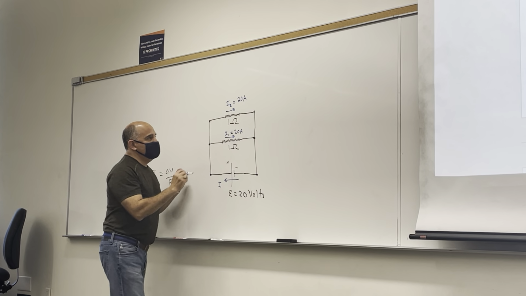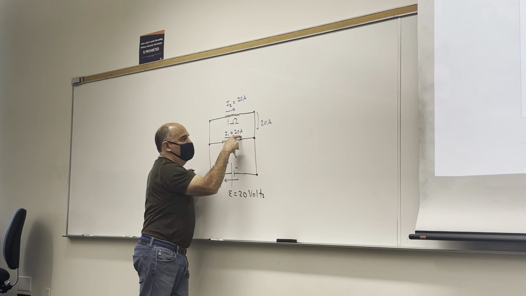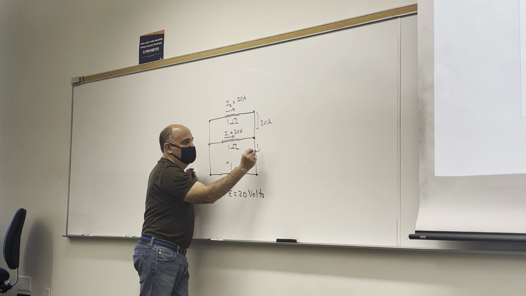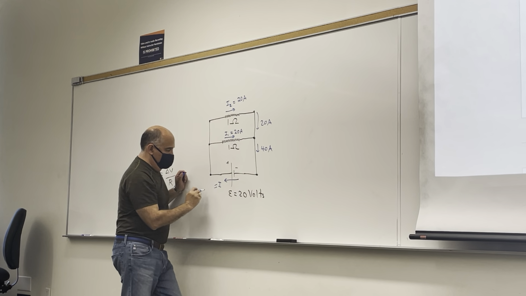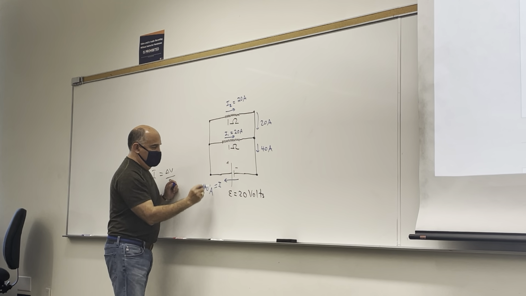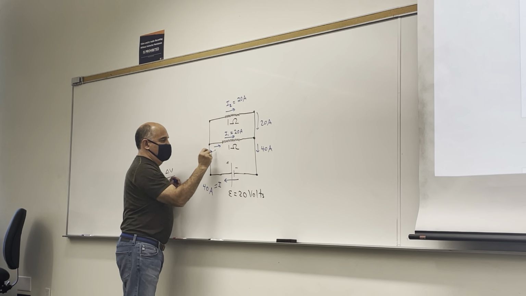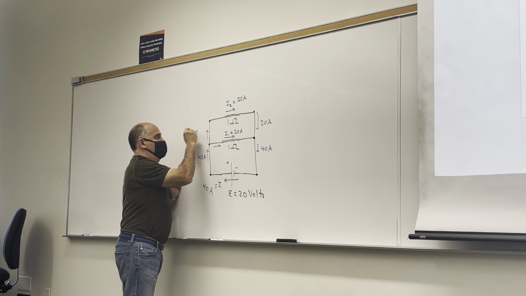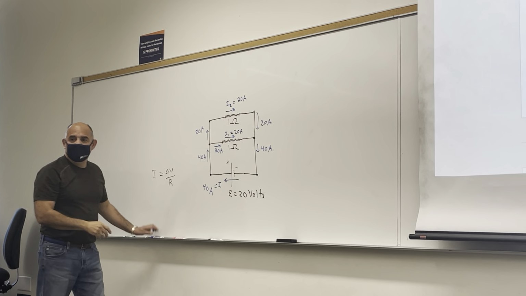Now, these 20 amps are going to come down here, right? And they're going to meet this 20 amps and give you what? 40 amps. So therefore this is going to be 40 amps. And then it's going to go this way. You got 40 amps, and then you got 20 amps going this way and 20 amps going this way.